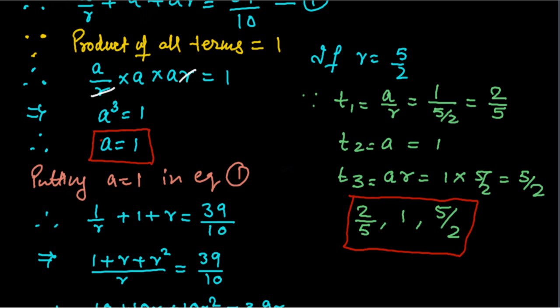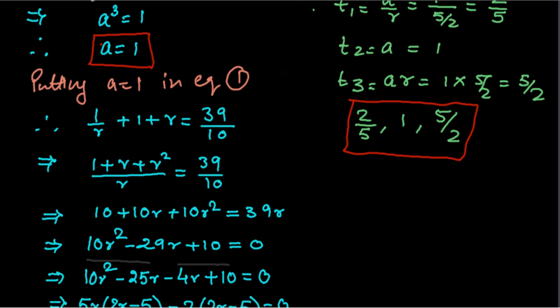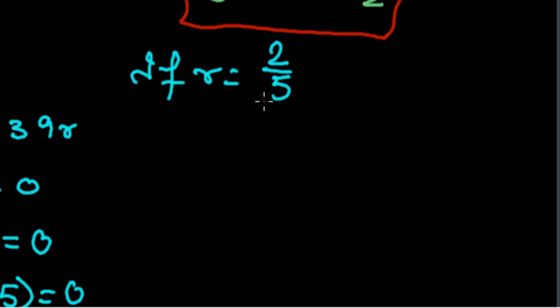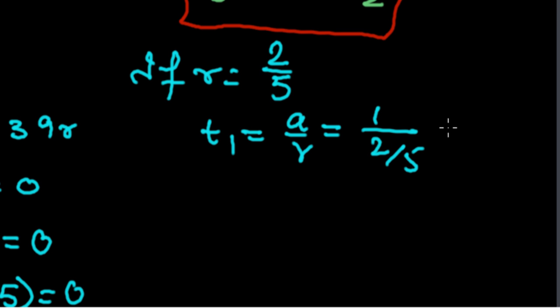If R is equal to 2 by 5, then what will happen, we see. T1, which is equal to A upon R, is 1 divided by 2 by 5, so it is 5 by 2.